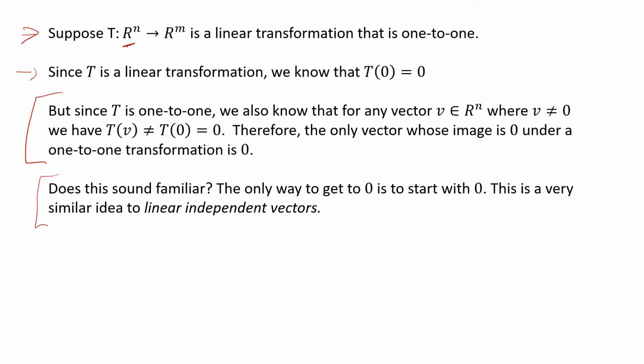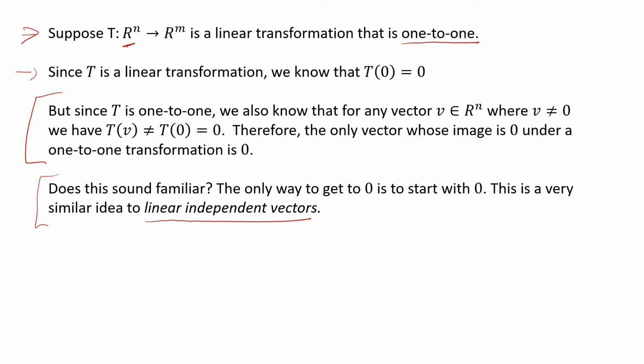We already saw this idea when it is impossible to take a linear combination and turn it into 0. That was the idea of linear independence. So linearly independent vectors and one-to-one transformations are very closely related.